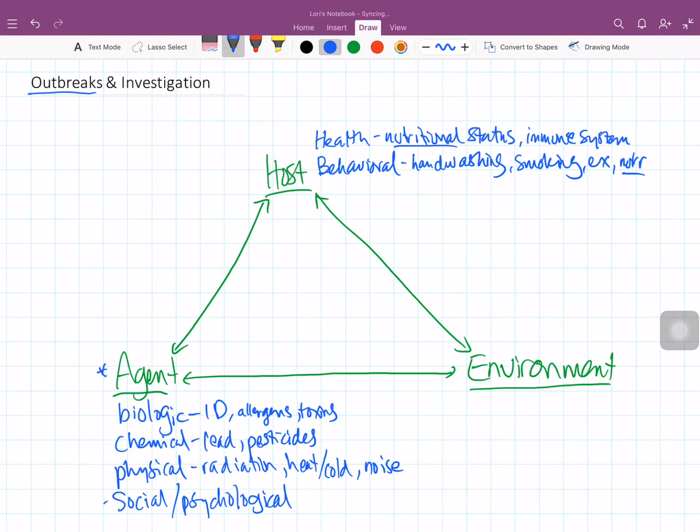So talking about the environment is important because it influences the probability and the circumstances where that host and agent interact. And so the environment is the thing that kind of mediates or makes it possible for that to happen.